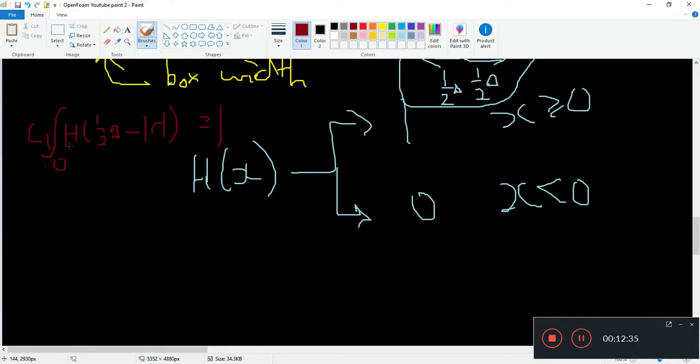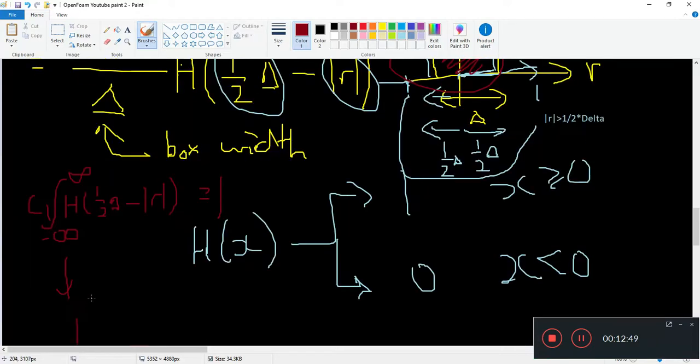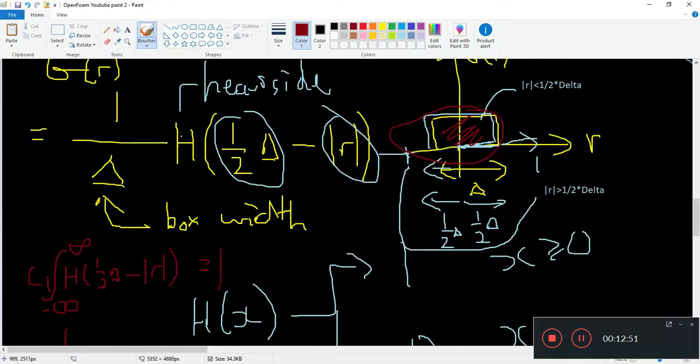The limits of this integral are from minus infinity to infinity, and it just so happens that this constant c equals delta, because the height is 1, and the length is actually delta, which is the box size.